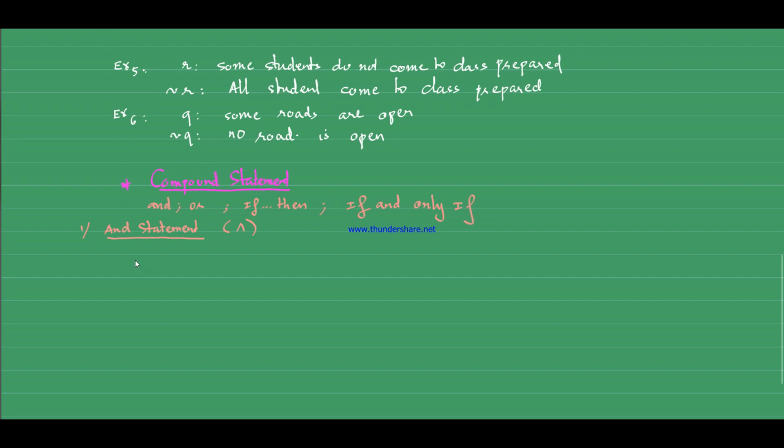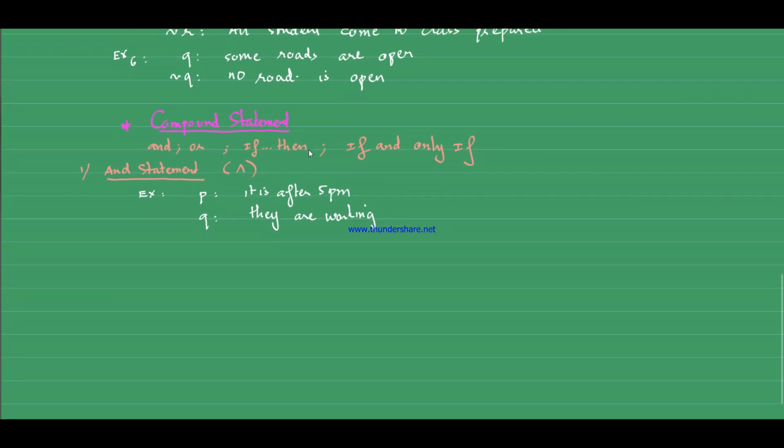For example, I have something like this. I have two statements. The first statement is statement P, and it says it is after 5 p.m. And statement Q: they are working. So these are two different simple statements. I'm going to go ahead and connect them by using the AND symbol.